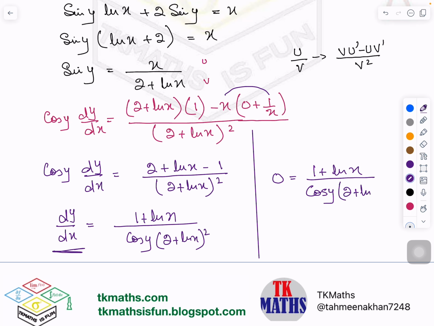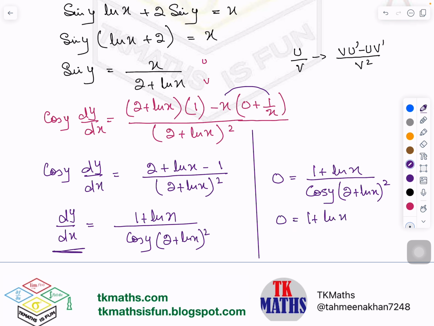Because the denominator will disappear. Why? There are two reasons. Number one, students usually remember it as cross multiplying. Second reason is, if I have 0 here, the only possibility is that the numerator equals 0, because 0 divided by anything is 0. So that's why from here I get 0 equals 1 plus ln x.